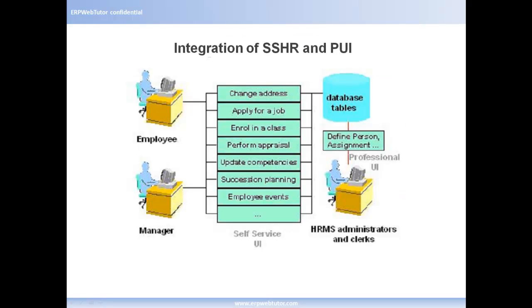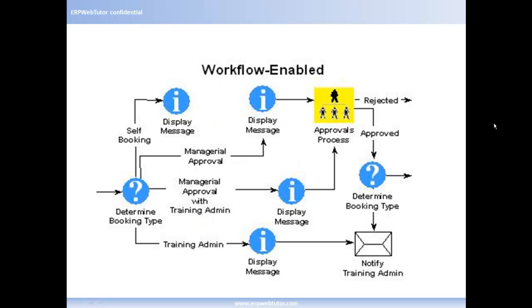Now, it is completely integrated with self-service HR and the professional interface. So as you can see here, the employee does some actions, the manager does some actions. This is the self-service user interface, and then finally it gets stored in the database tables. And then, of course, from the database tables, the HR administrators or the HR professionals can access that information on the professional user interface.